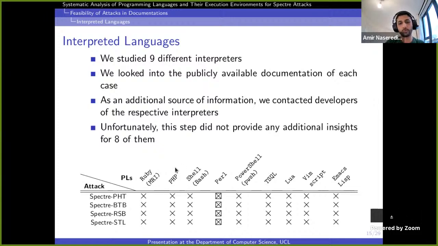So for all interpreters except for Perl, we were not able to find any information, and the crosses in the table show that. For Perl, we figured that there are no mitigations available against any of the Spectre variants, and a square with a cross in it shows that as well in the table.